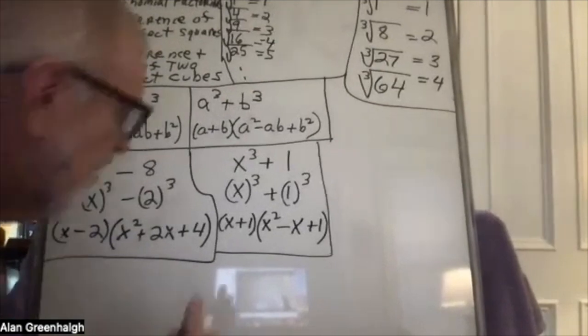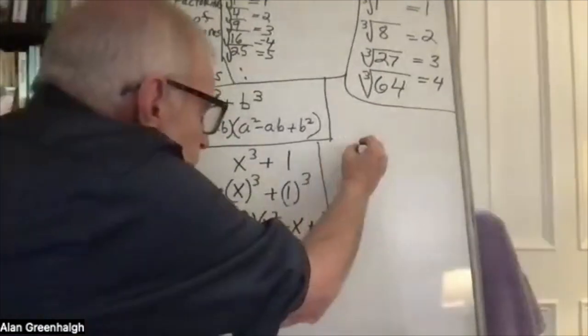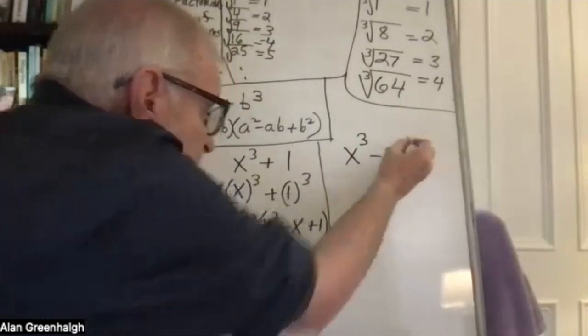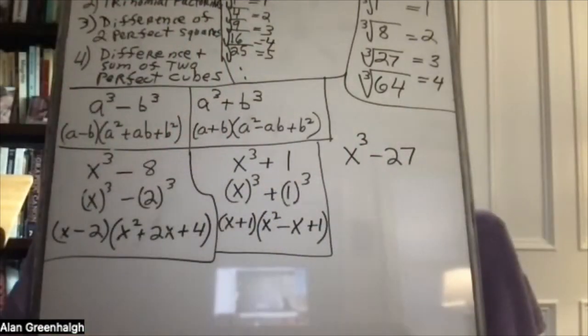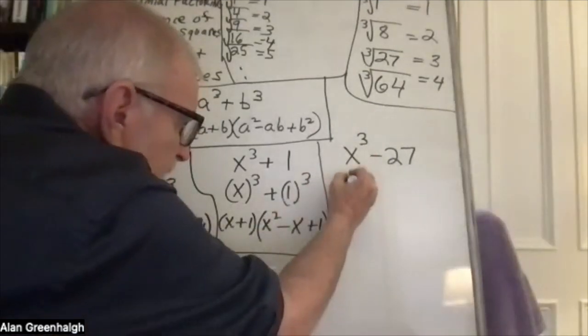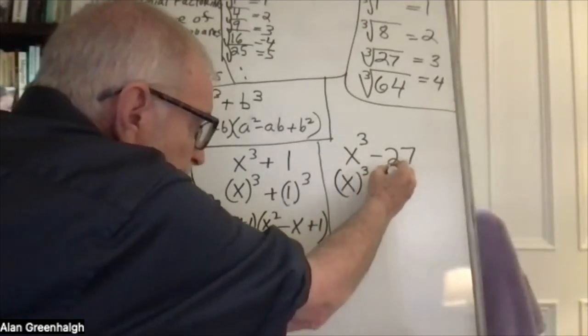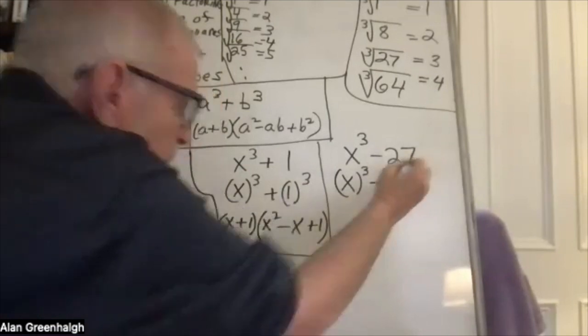Let's do one more. Let's do x to the third minus 27, and I'll let you try that. Let's begin. Step one. Write this as x to the third minus 3 to the third.